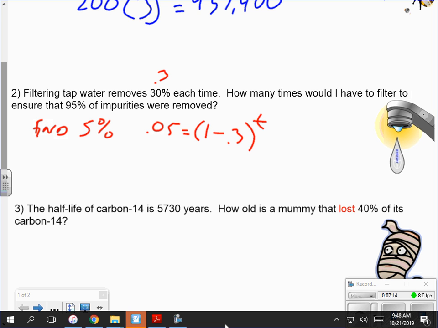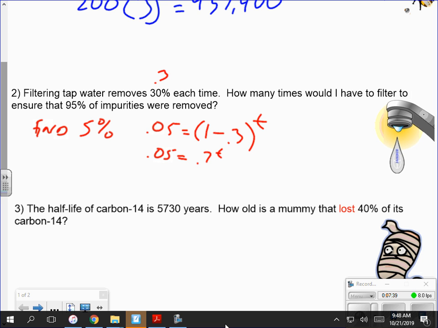How many times do I have to do it? Then you solve for that. 1 minus 0.3 is 0.7 to the t.